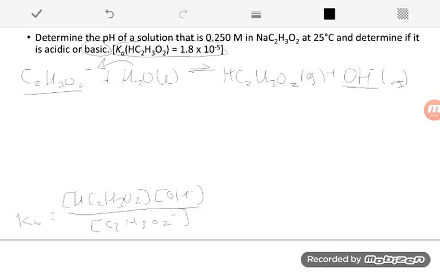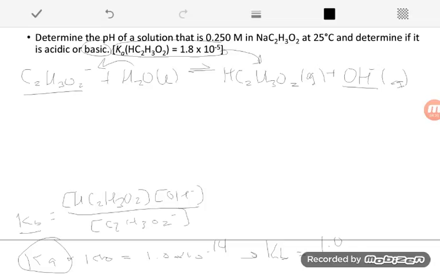It gave us a Ka for this piece, this acid right here. But we need the Kb for its conjugate. So this is where we're going to keep in mind that relationship that Ka times Kb is equal to 1.0 times 10 to the negative 14. So I'm given the Ka, that means I can solve for my Kb.